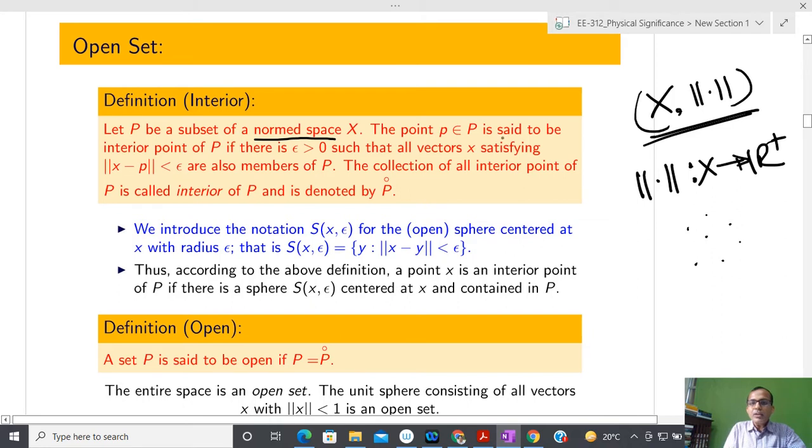Okay, so a point p belonging to P is said to be an interior point of P if there exists an epsilon such that x satisfies this kind of relationship for all members of P. So you can take any member of P, and if it satisfies this property, then the collection of all interior points of P is called the interior of P, and that is denoted by this.